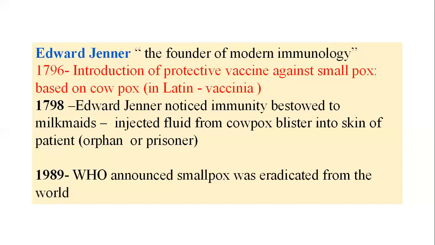Von Behring and Kitasato demonstrated that serum, a liquid non-cellular component of coagulated blood from animals previously immunized to diphtheria, could transfer the immune state to unimmunized animals.